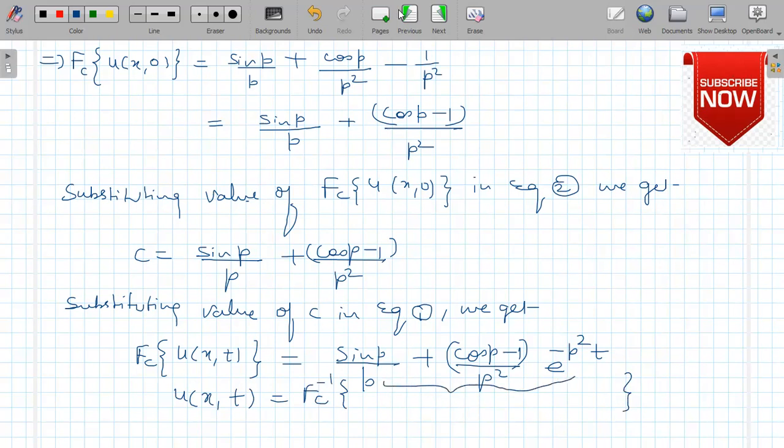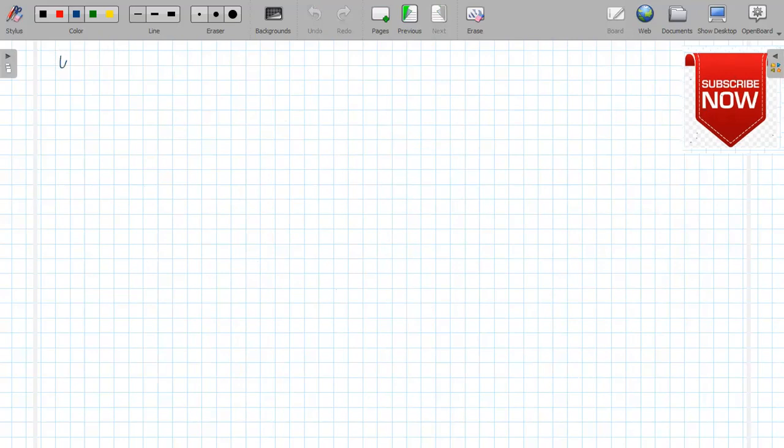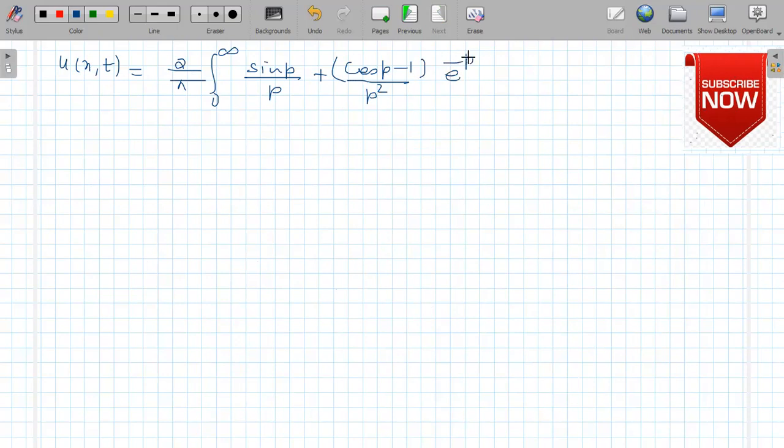So u(x, t) is 2 upon pi integral 0 to infinity of sine p over p plus cos p minus 1 over p square, e raised power minus p square t cos px dp.